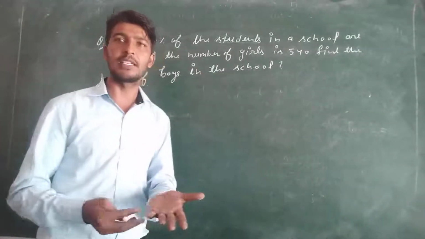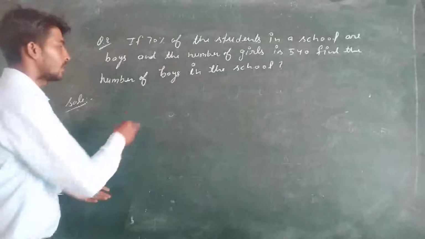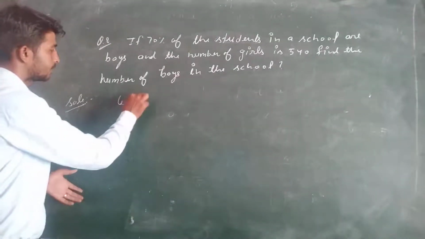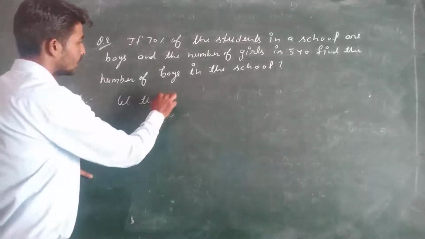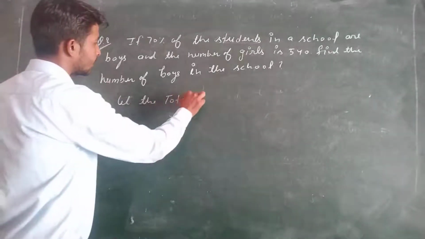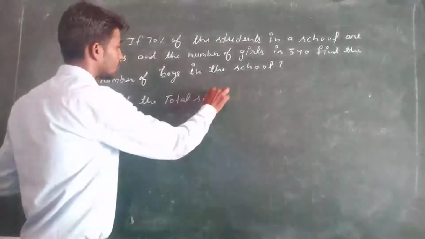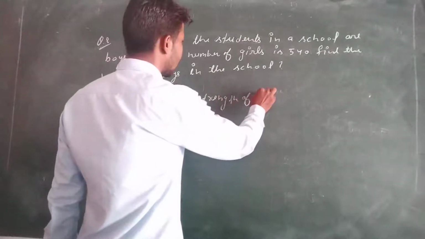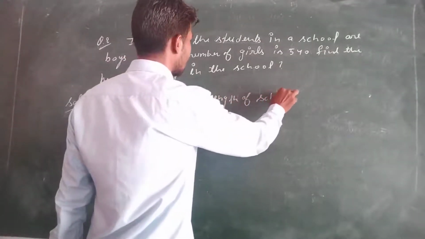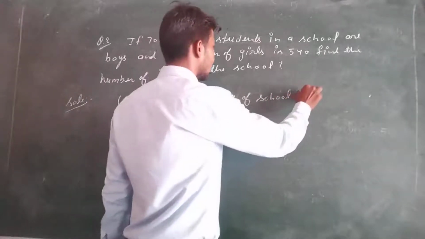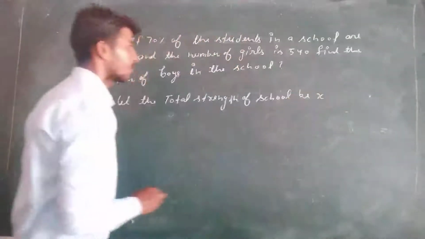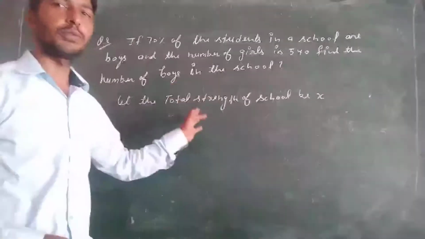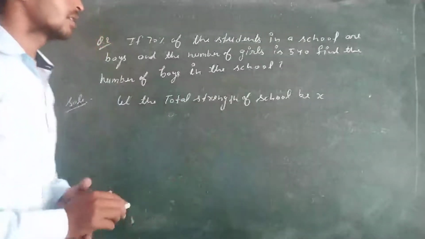The 30%. So here we will let the total strength of the school be X. Okay, because you don't know about the total strength, so you will let it be X here. Clear?